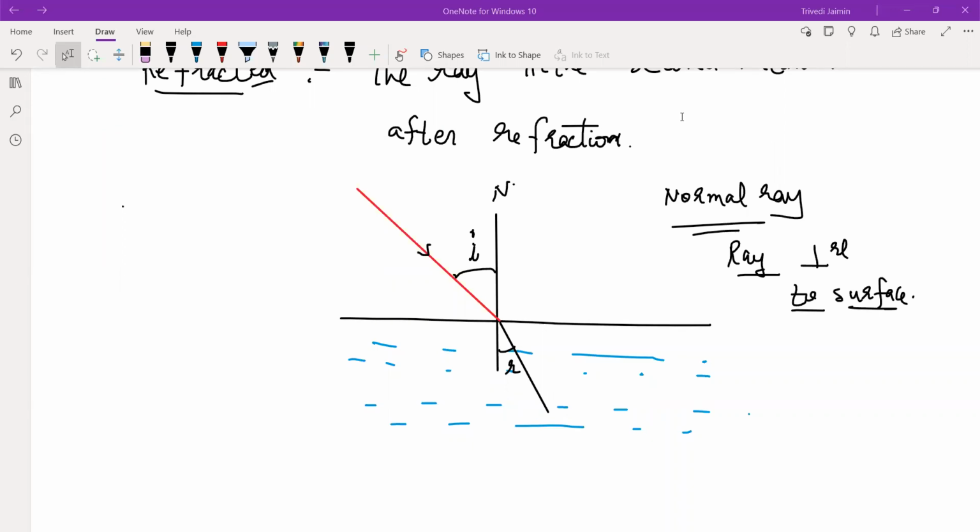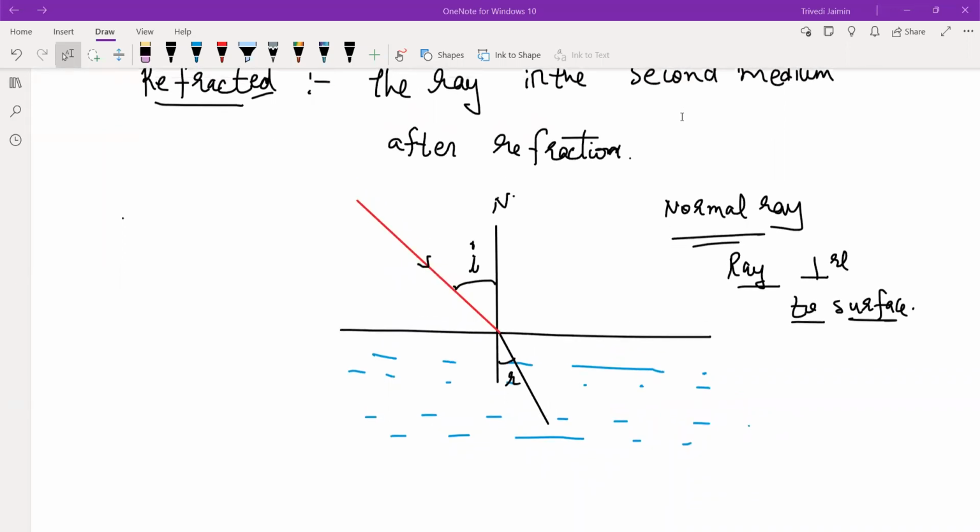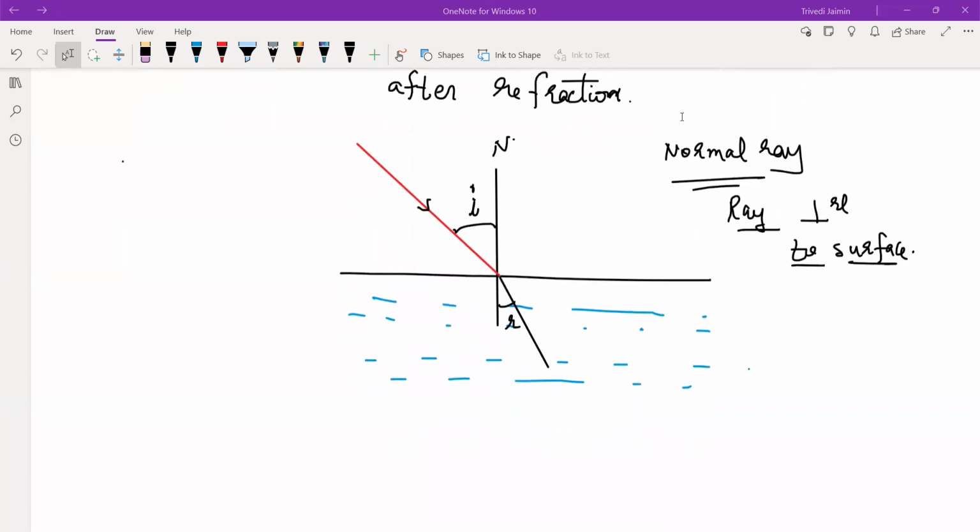Can you all see, right? Yes, sir. So this is what? Incident ray. Angle of incidence, refracted ray.